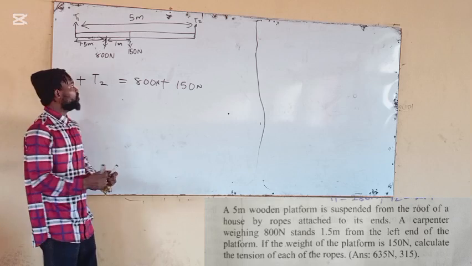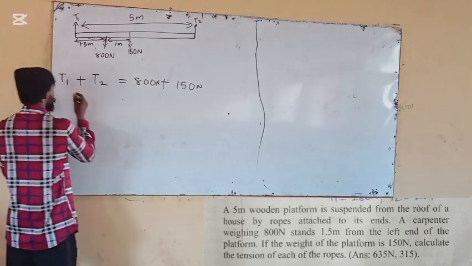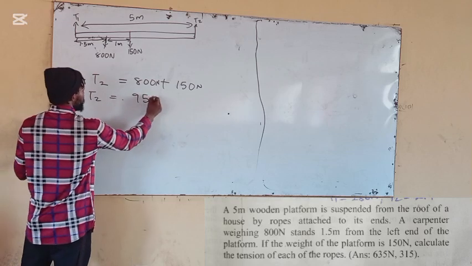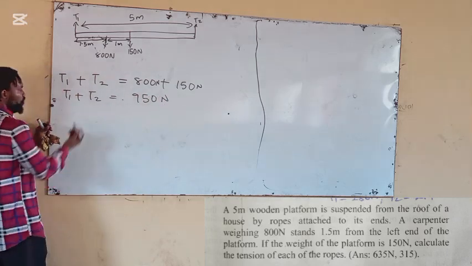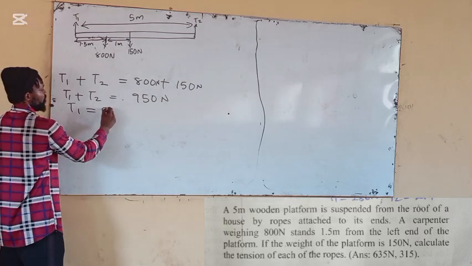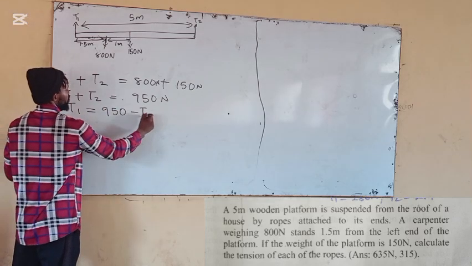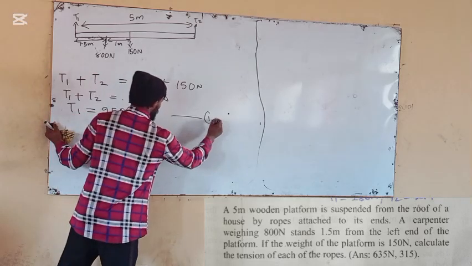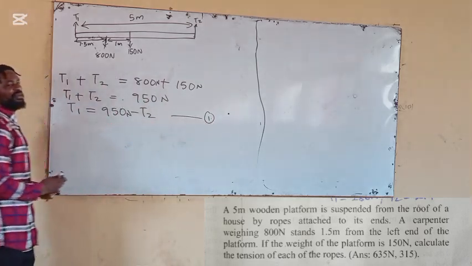You need to pay attention to that. So T1 plus T2 is equal to 950 Newton. That is equation 1.